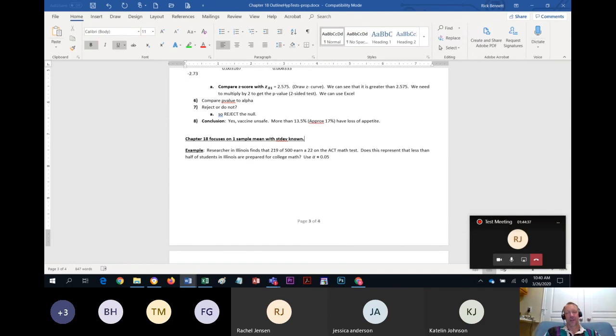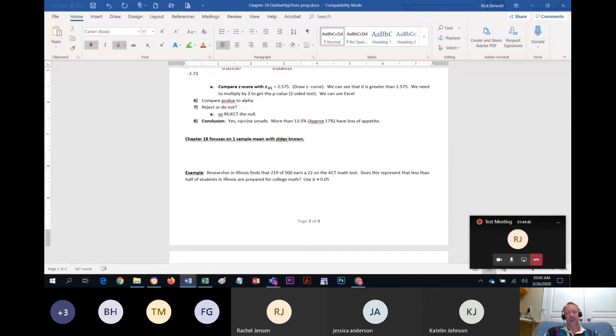So in a sense, this is going to be a really easy question because we're going to focus on, do you guys know what the equation is for a one sample mean with the standard deviation known? Maybe that was a bad question. I'm going to give you two equations that you're going to want to know, okay?